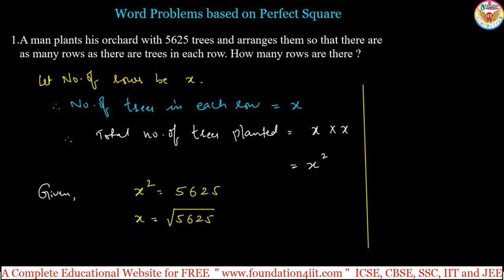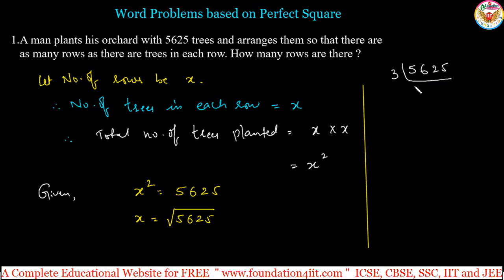So we need to use the factorization method to find this. Okay, let us do this on this side. For 5625, you need to do the prime factorization method. 5 plus 6 is 11, plus 2 is 13, plus 5 is 18, so it's divisible by 3, right? So you can apply this.